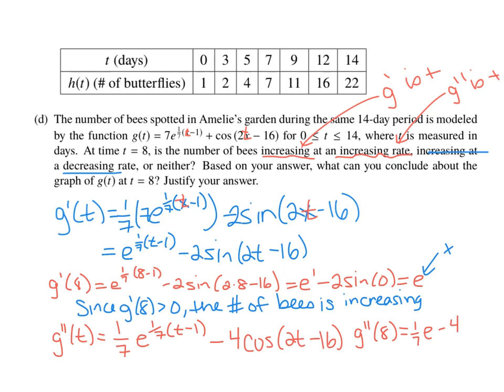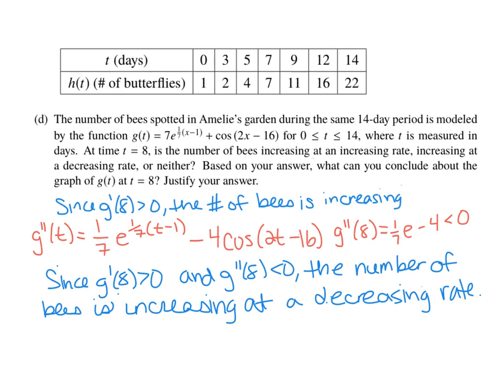You can evaluate that on your calculator, or if you know that 1/7 of e, which is about 2.7, you know that that's less than 4. So that's a sign that g double prime of 8 is less than 0. Because of that, we know that the number of bees is increasing at a decreasing rate.